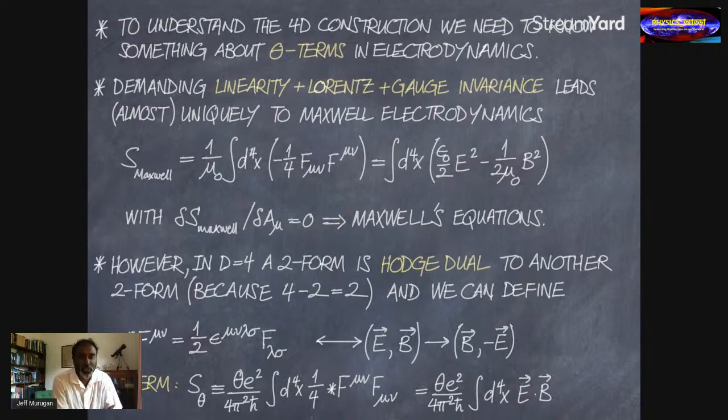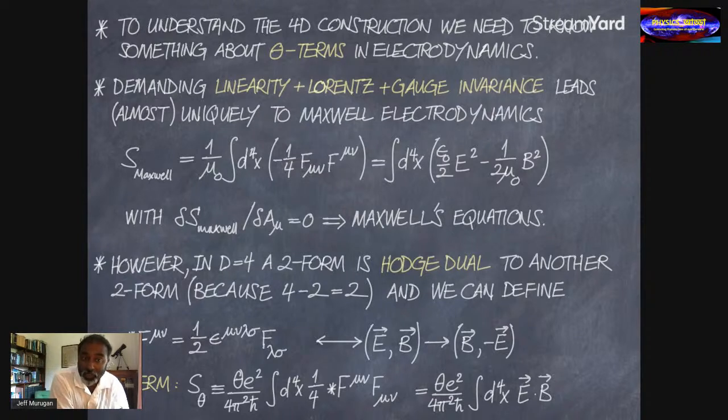The resulting object, star F mu nu, is what we would call the dual Faraday tensor. That's just a fancy way of saying, take the electric and magnetic fields of the one theory and replace them with the magnetic and minus the electric fields of the other theory. The result is that I can define a new term in the story called the theta term, which instead of F mu nu is really star F mu nu.